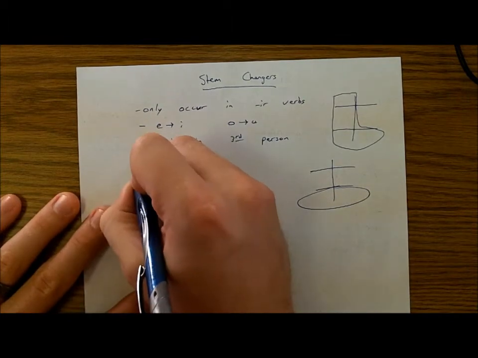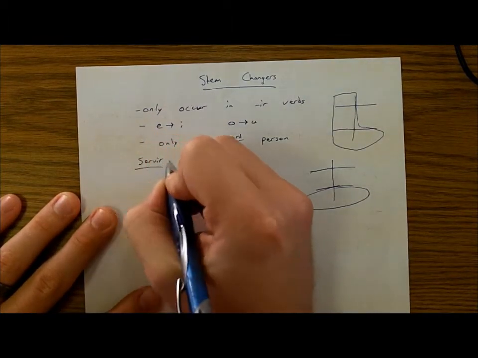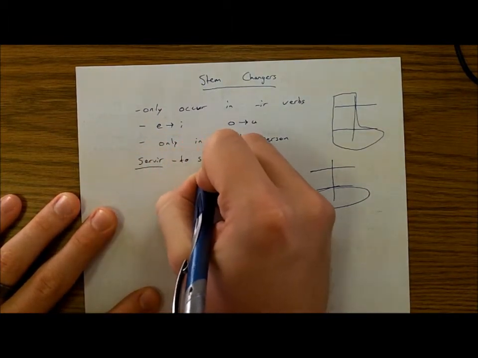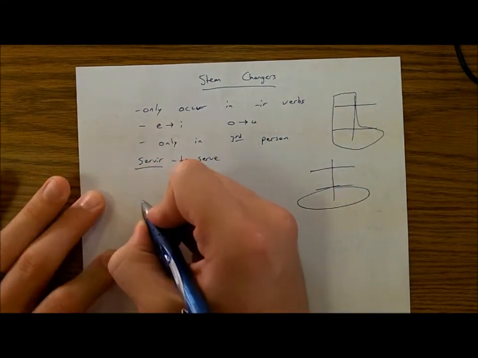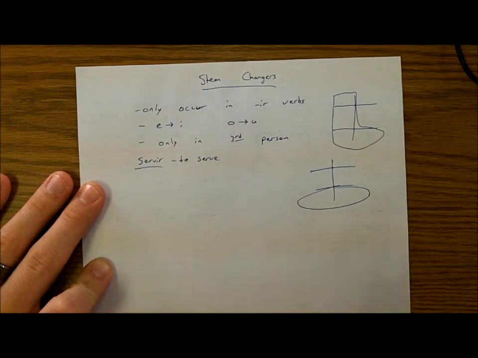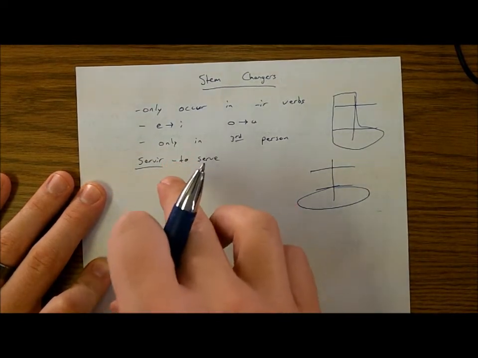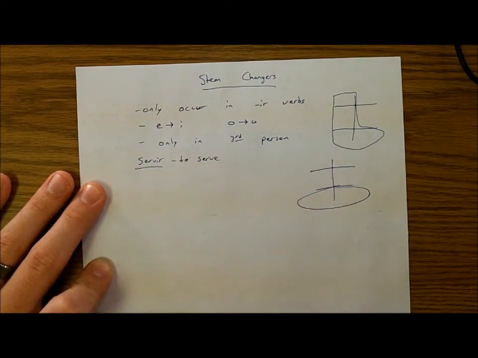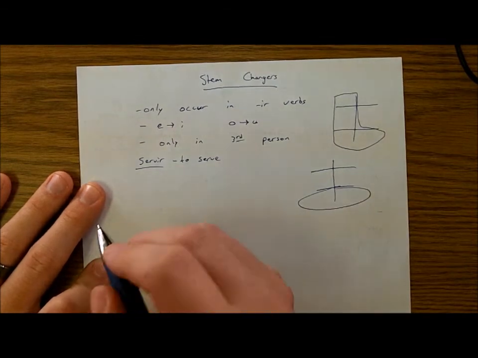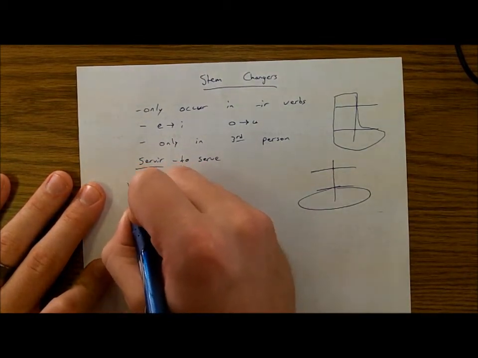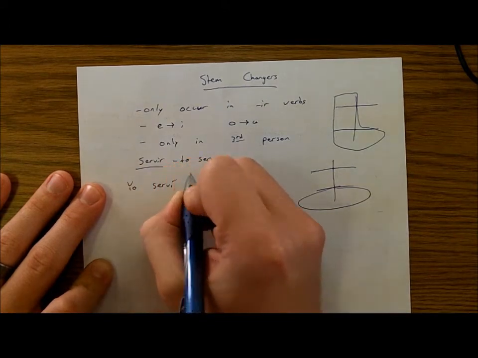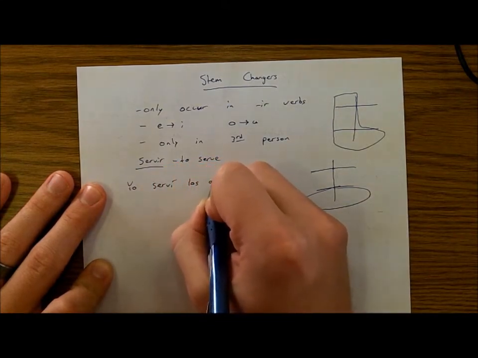We're going to use the verb servir, which means to serve. First of all, we're going to say, I serve the appetizers, to give you an example of what it would be normally, and then we'll move on to what it would be with a stem changer. Yo serví los aperitivos.